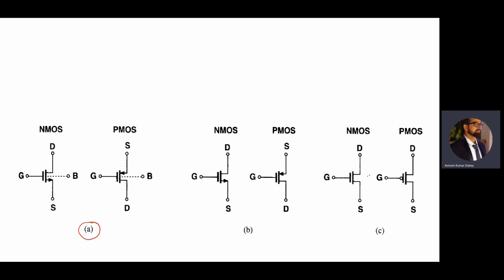In the three terminal MOSFET, the body of the NMOS is directly connected to the ground. And for the PMOS transistor, the body terminal is connected to the maximum power supply, which we can say is VDD.